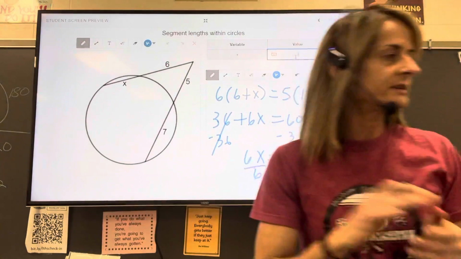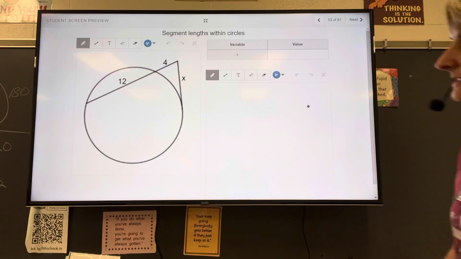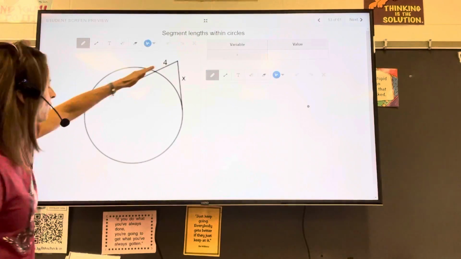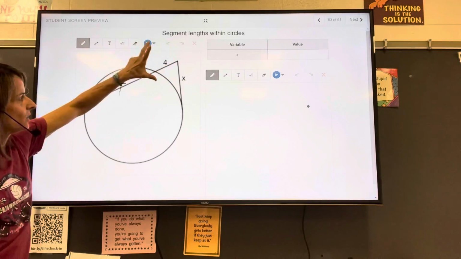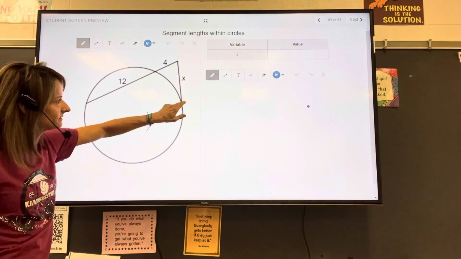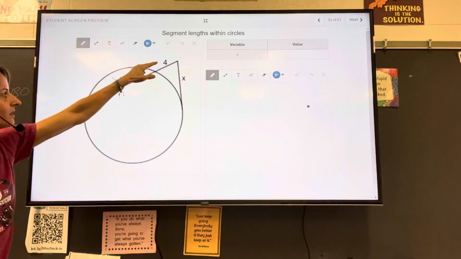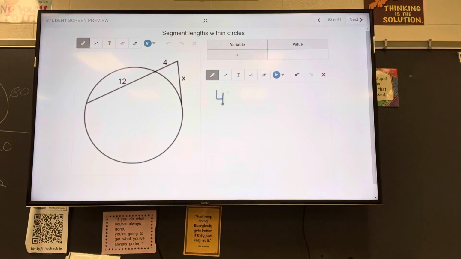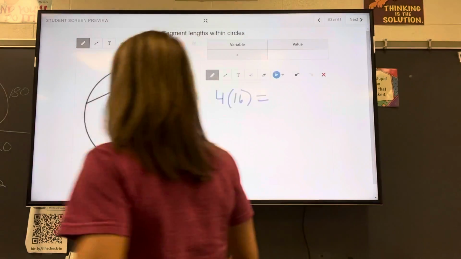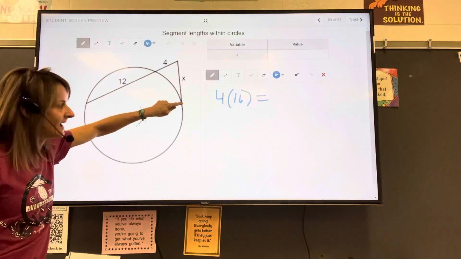All right, we're going to do one more example. This type of problem looks different, but it's the same as the one we just did. We've got one secant line. It cuts through the circle 1, 2 times, and then we have a tangent line, so it just hits the circle once. It's the same formula. It's the exterior part of the segment times the entire length, so 4 times 16 equals, now on the other side, the exterior part of the segment is x times the entire length also happens to be x.